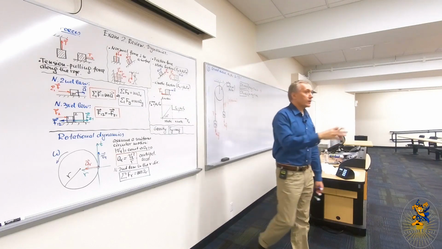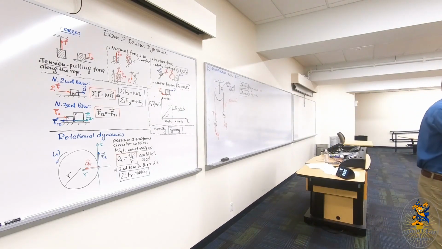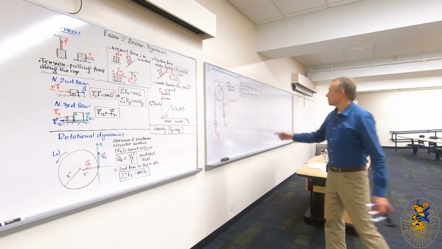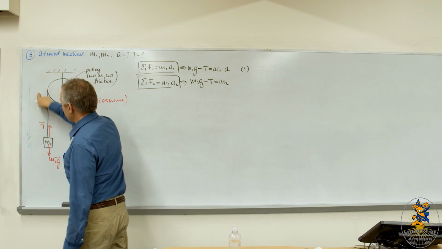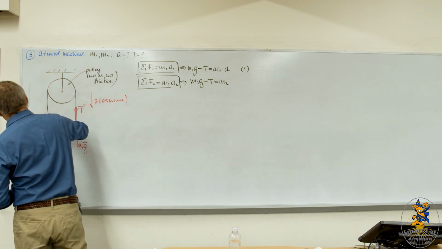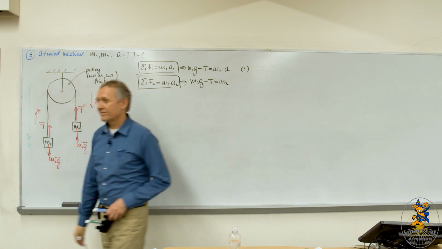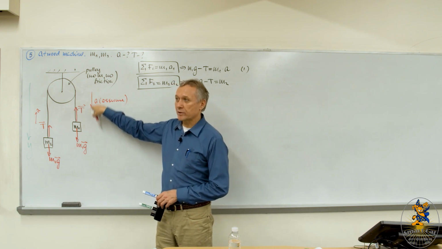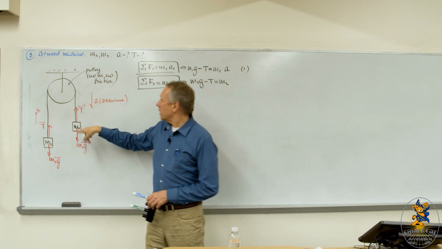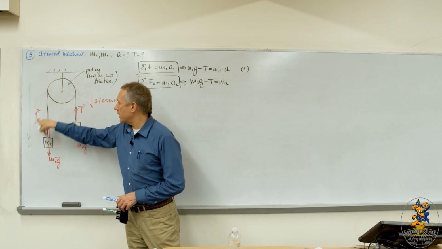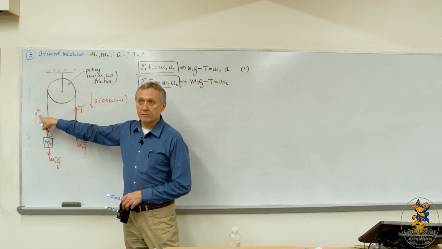And what about the acceleration of the second object? This acceleration, we assume it's downward. So this acceleration was positive, and this acceleration is negative.